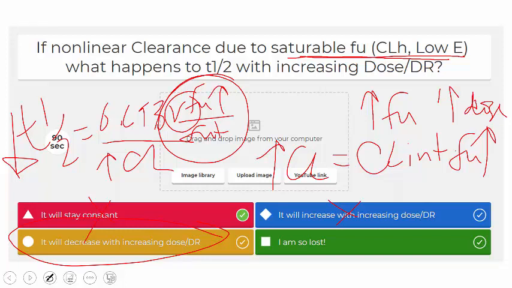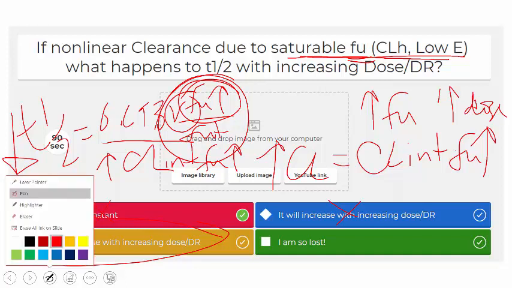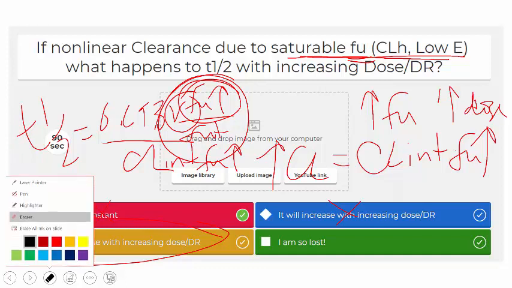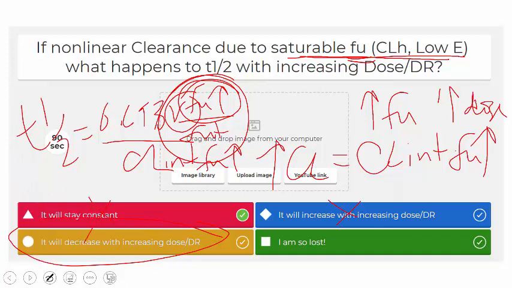If we saturate those binding sites, we're also going to have an increase in fraction unbound. Let me erase this here for a minute. This increase in fraction unbound is going to increase the clearance, isn't it? It's also going to increase the volume to the same extent.